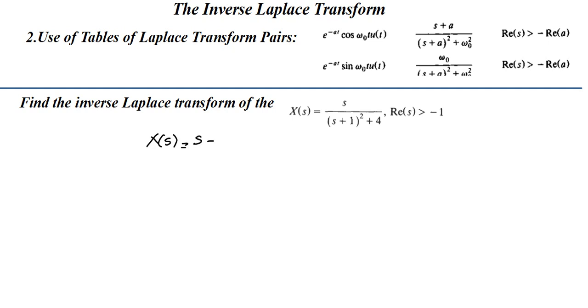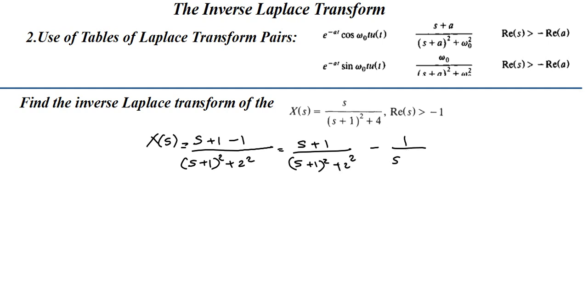So we'll write s plus 1 minus 1 divided by s plus 1 the whole square plus 2 square. If you split the equation like this, it is s plus 1 by s plus 1 the whole square plus 2 square minus 1 by s plus 1 the whole square plus 2 square.